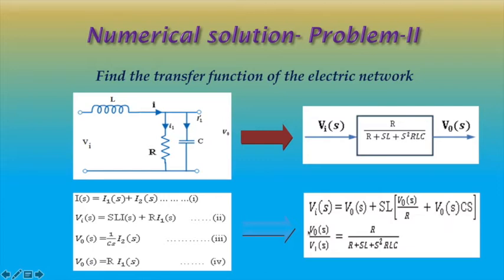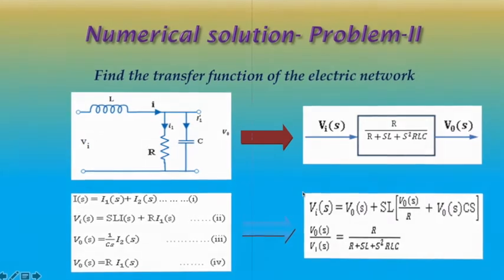From this equation, V0 is common, and we get V0 by Vi equals R by R plus Ls plus s squared RLC. This is the final transfer function of this network.